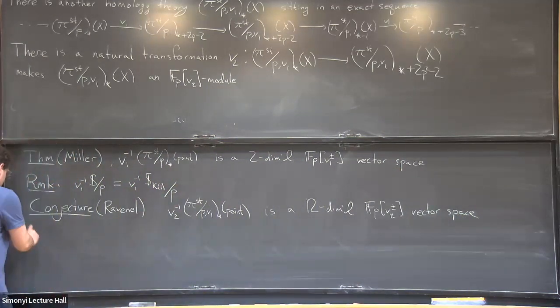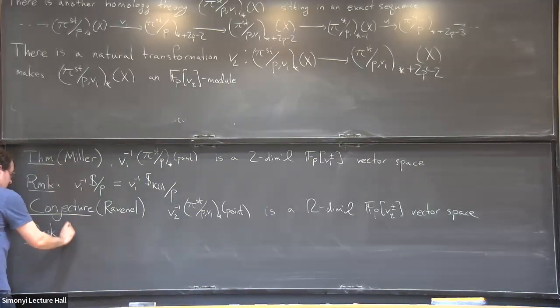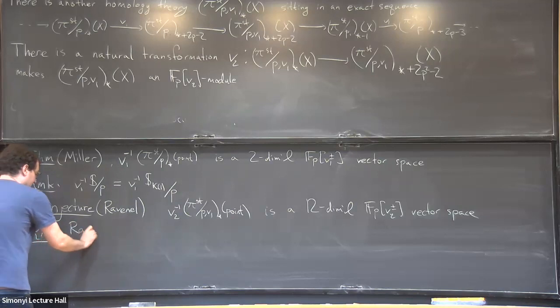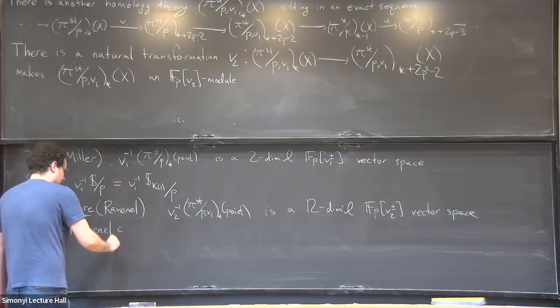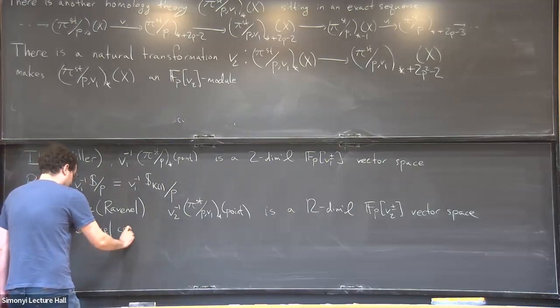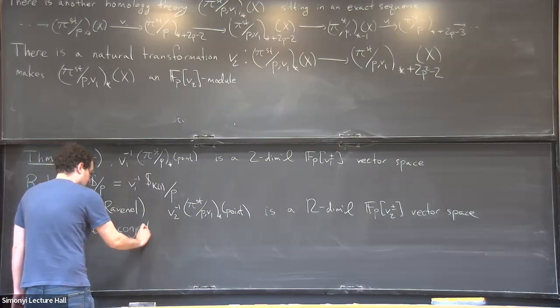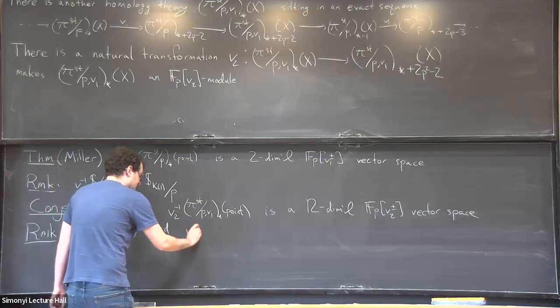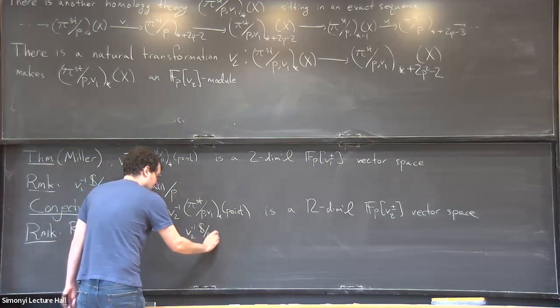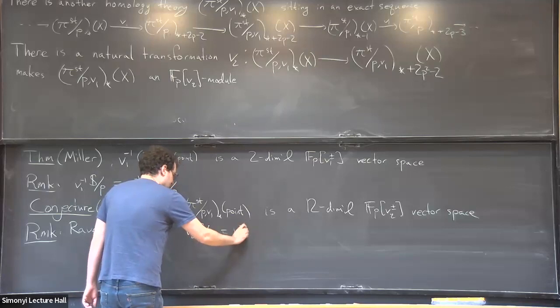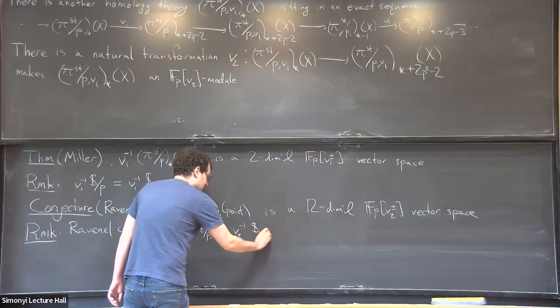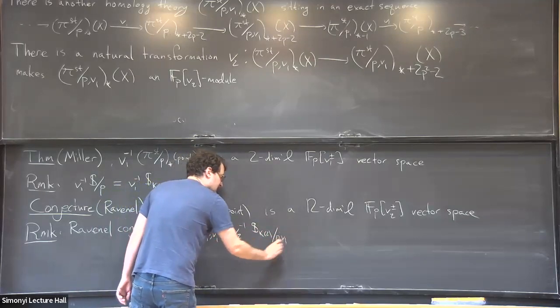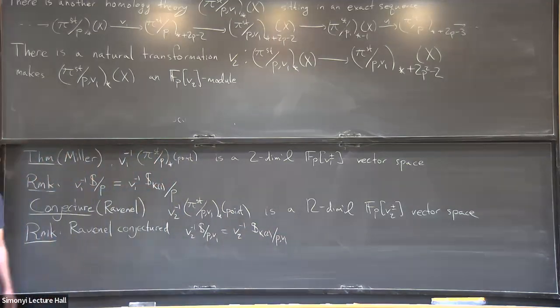And the remark is that Ravenel actually conjectured, if you like this language of spectra, that if I take V2 invert, S mod PV1, this is the same as V2 invert V2 local sphere mod PV1. These are the same homology theories.